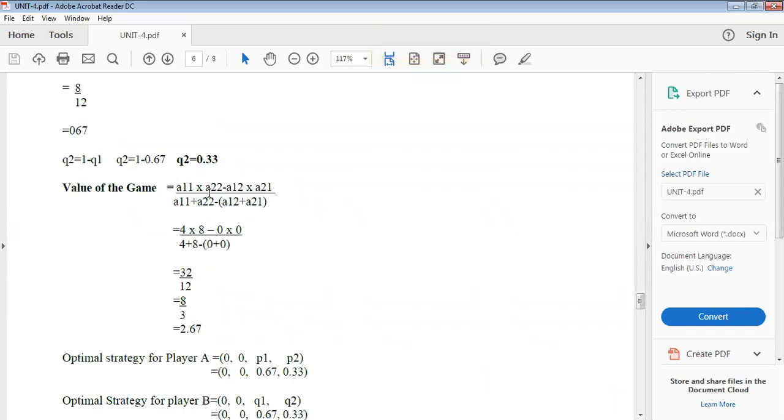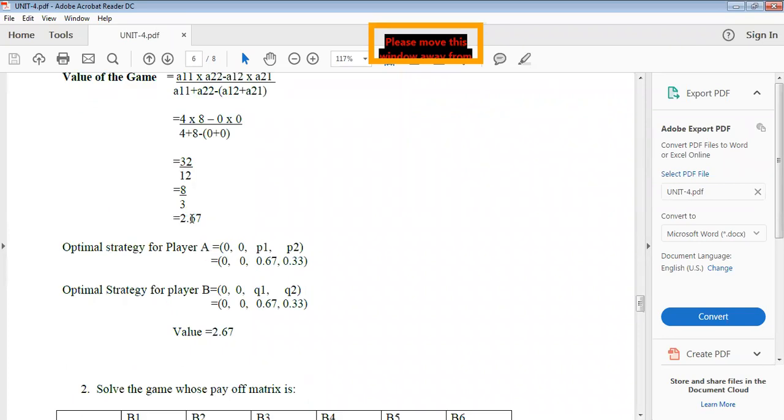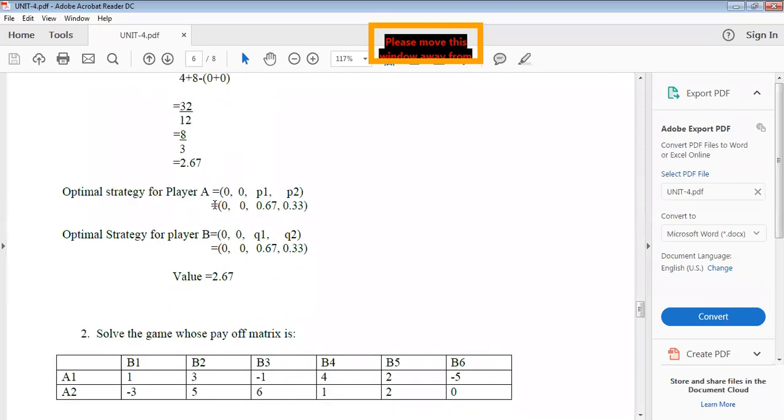Value of the game is, you substitute the values: A11 into A22 minus A12 into A21 divided by A11 plus A22 minus A12 plus A21. So this is the way, and the value of the game is nothing but 2.67. And the optimal strategy for player A is 0, 0, P1, P2.